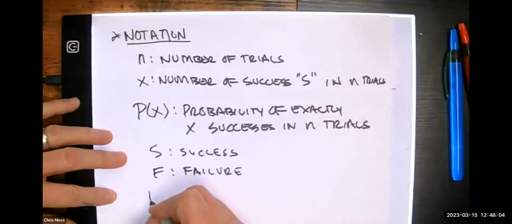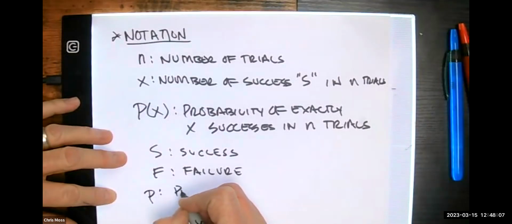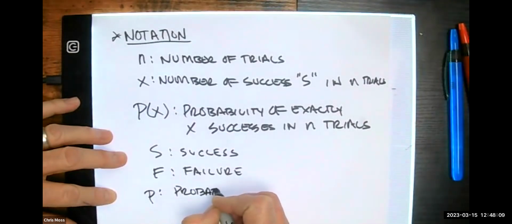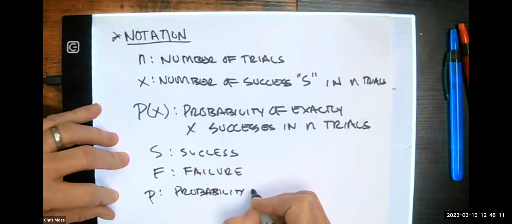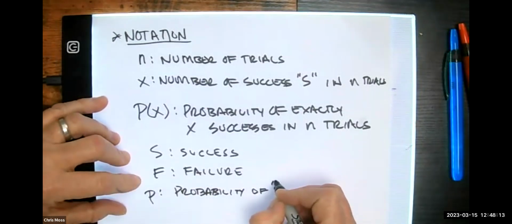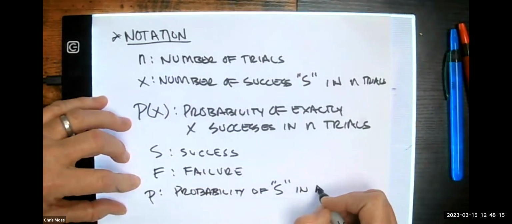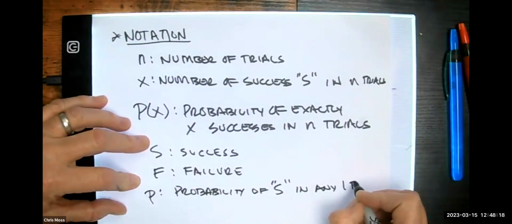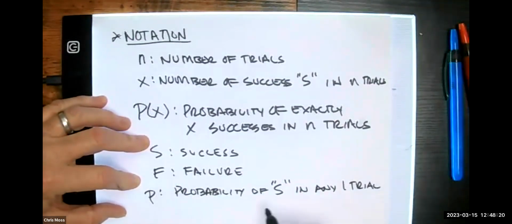So the letter little p, that's the probability of success in any one trial.